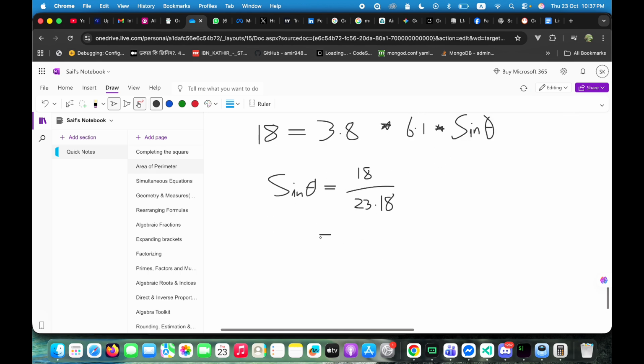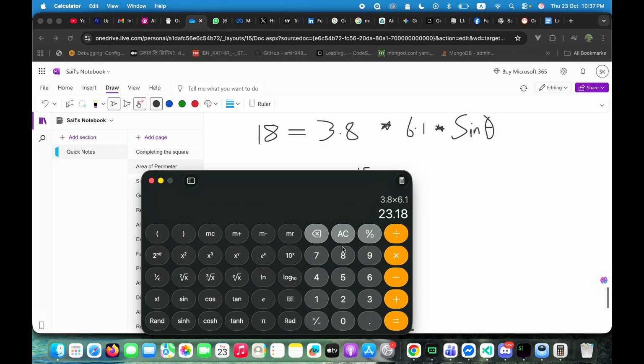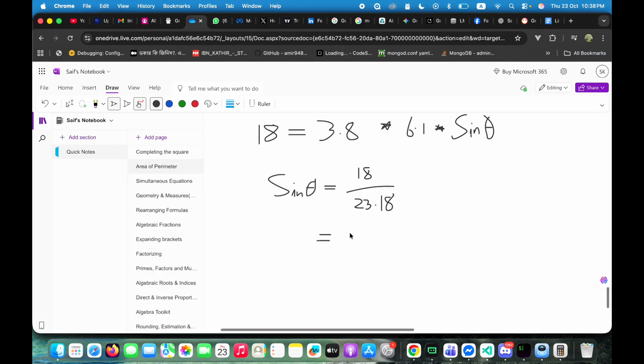So this is what I get. 18 divided by 23.18, I get 0.776.